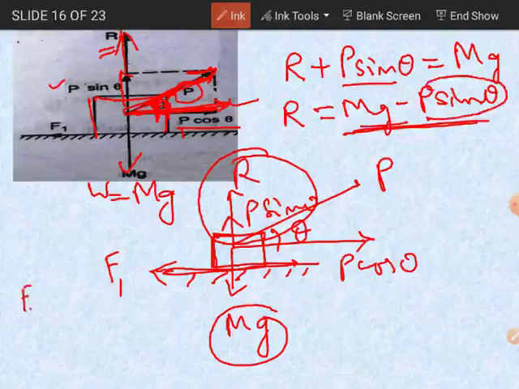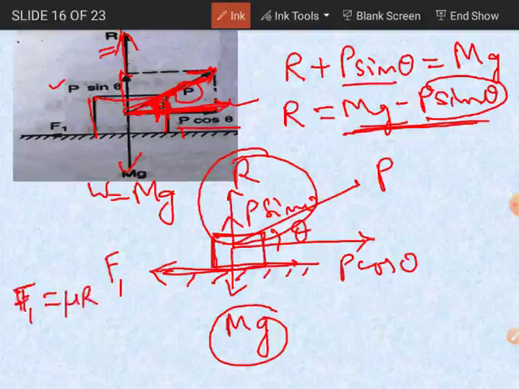Your F1, as given by the laws of friction, the limiting force of friction F, is directly proportional to the normal reaction and will be equal to mu times R, right? So here your R is less in the case of pulling, but in the case of pushing, R will be more.